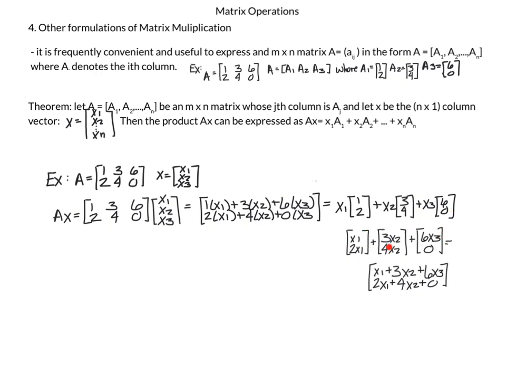And then when you add term by term, you're going to get x1 plus 3x2 plus 6x3, and then the second row is 2x1 plus 4x2 plus 0, which is exactly the same thing that we got when we did the direct matrix multiplication. So this theorem here is really useful, and you should be really comfortable expanding this matrix multiplication, this Ax, expanding it out in this way.